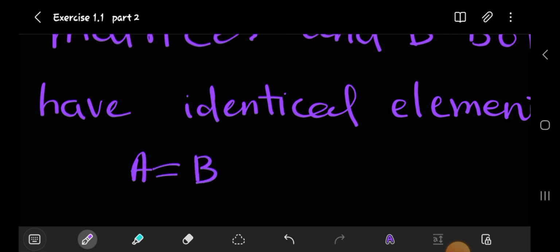Let's suppose another matrix C, and we take it as 1, 3, 2 and 4.